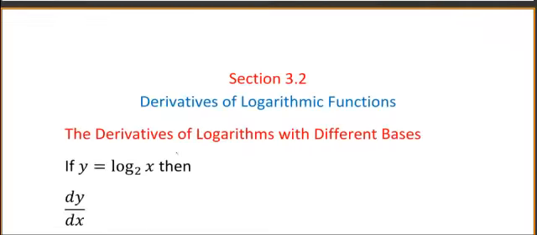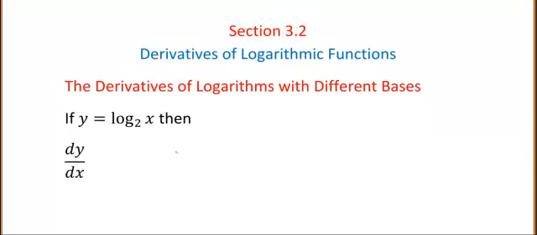All right, now let's take a look. How do we use this to take derivatives? Well, let's suppose y is equal to the log base 2 of x. Then dy/dx is the derivative with respect to x of the log base 2 of x.